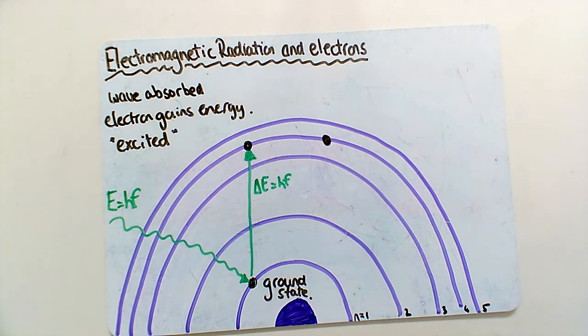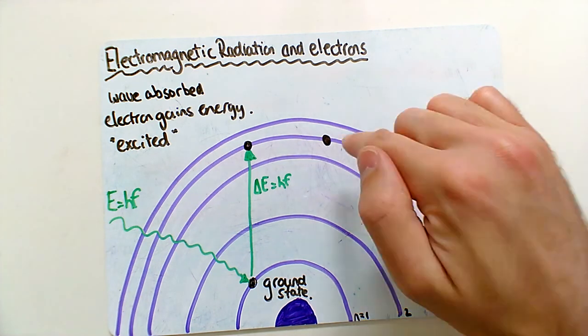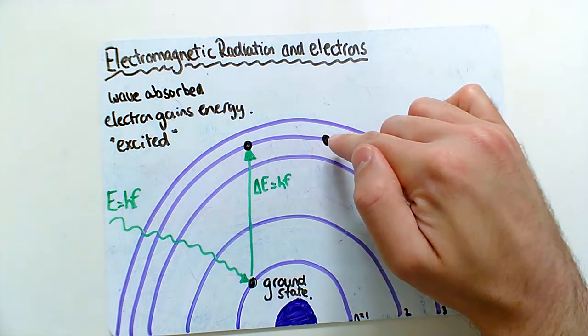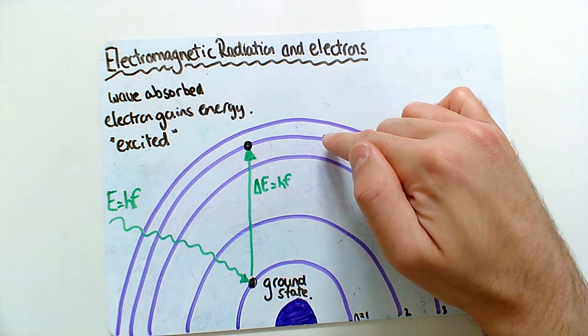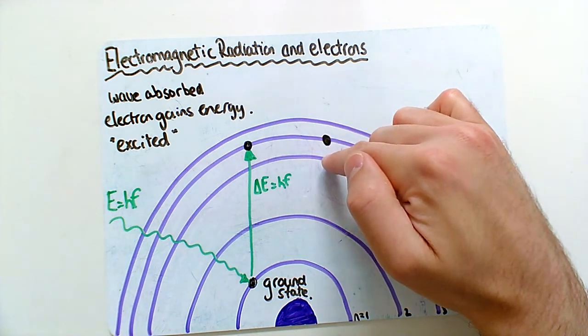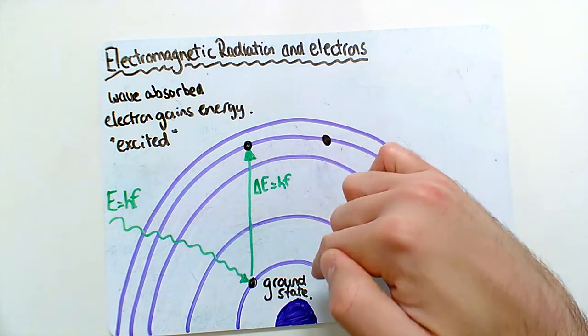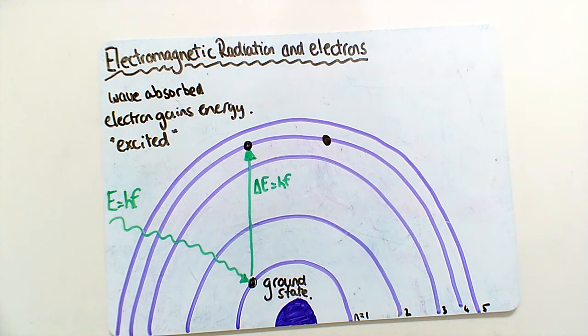It's going to want to move. And it can drop down energy levels. It can lose energy. And it can go from 4 to 3, it can go from 4 to 2, or it can go from 4 to 1. Just because it's losing energy doesn't mean it always has to go to n equals 1.